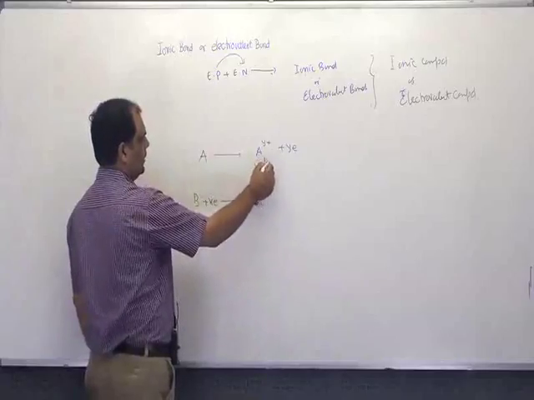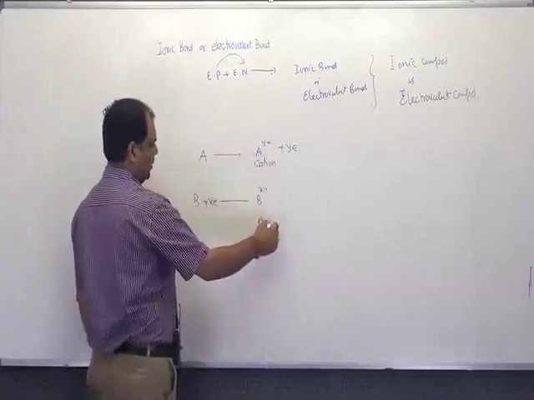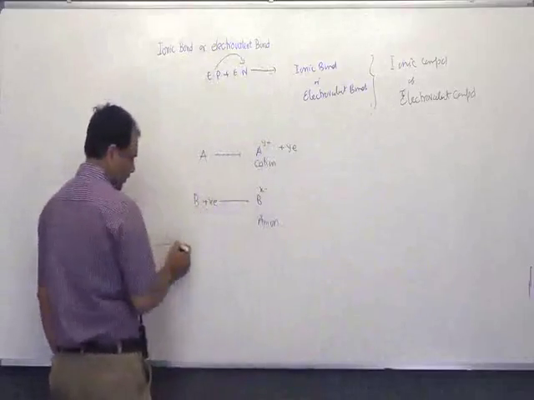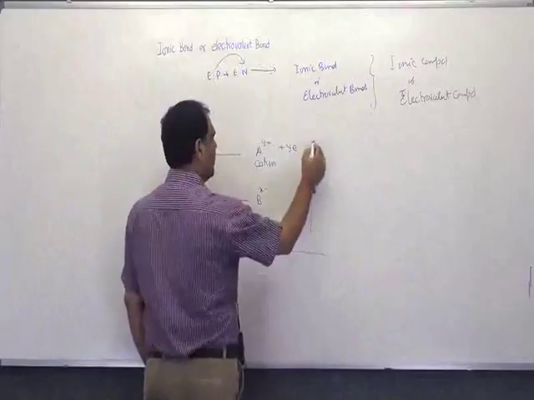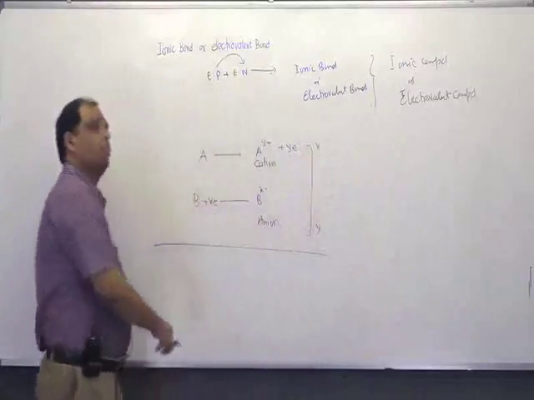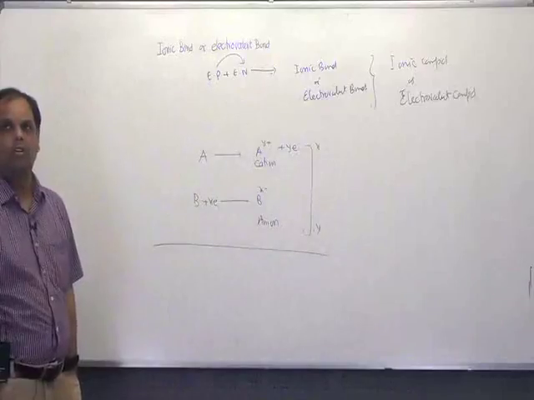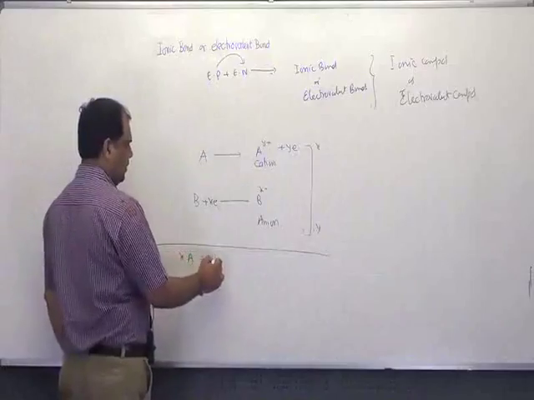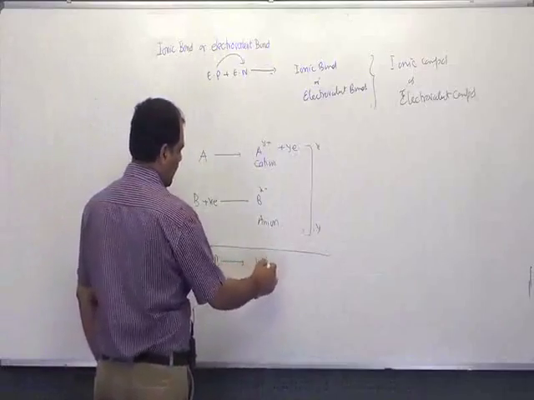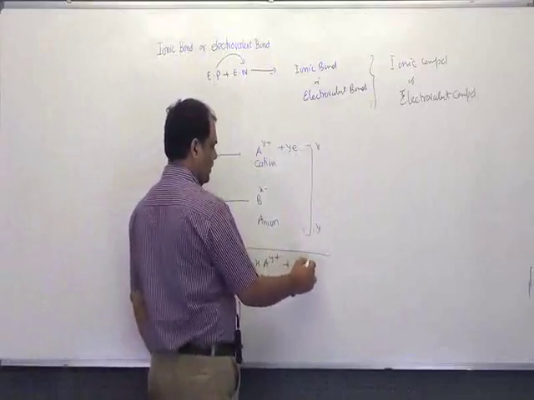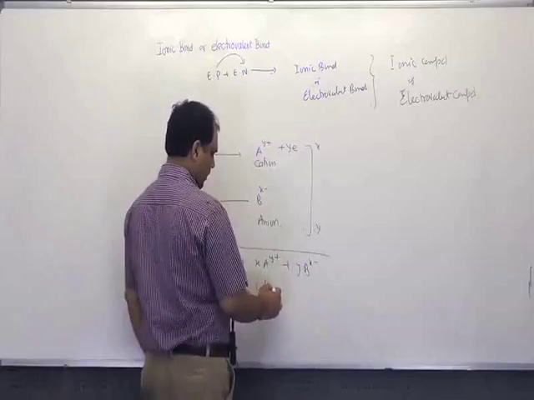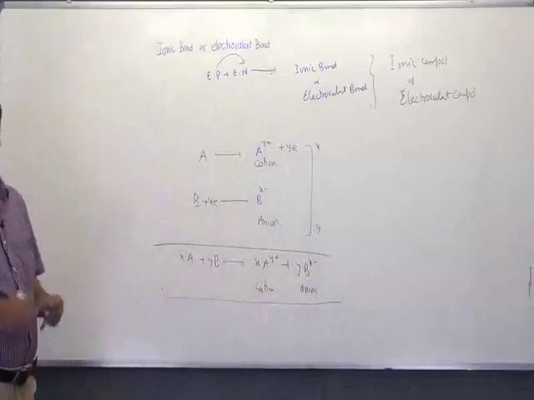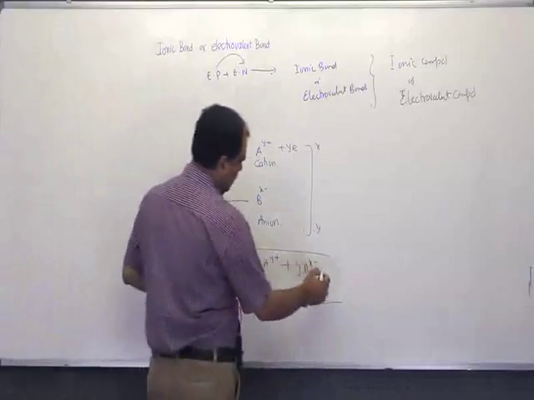This positively charged unit is called a cation and this negatively charged unit is called an anion. Multiplying by x and y, so that the number of electrons lost equals the number of electrons gained, we can write xA plus yB generates xA^y+ plus yB^x-, cations and anions, and some energy is released.